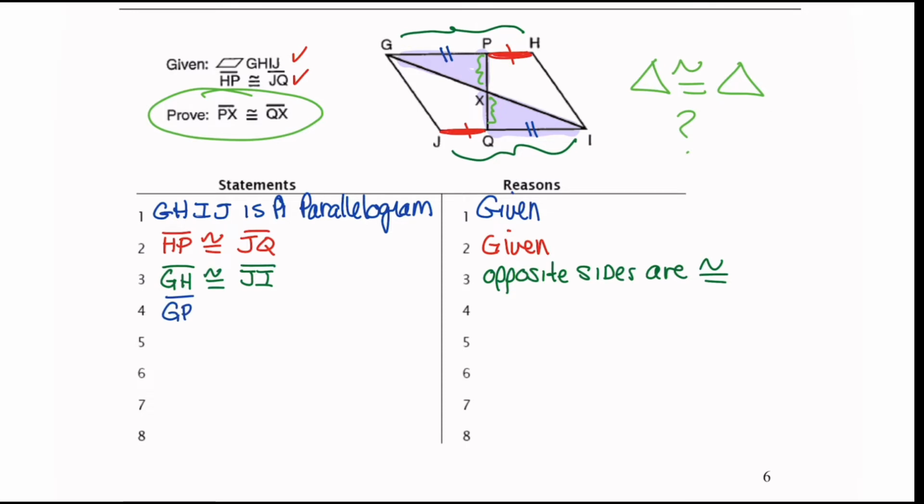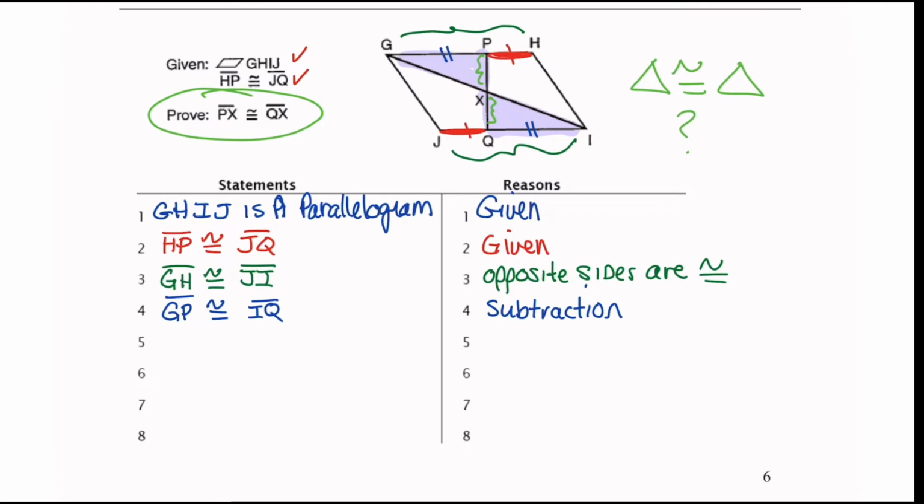GP is congruent to IQ by subtracting line 2 away from line 3, or subtracting the red piece away from the green piece, the dark green piece, the whole outside piece I'm emphasizing there. So we would say through subtraction, we were able to get GP congruent to IQ or QI.